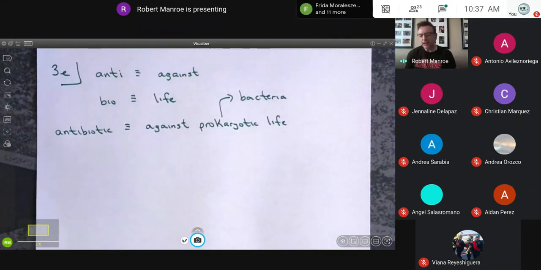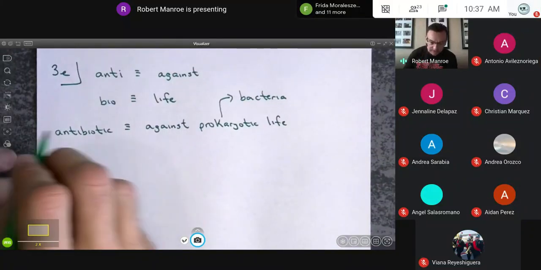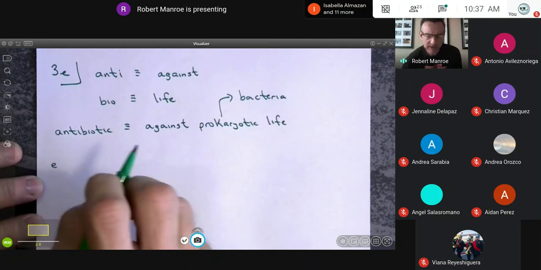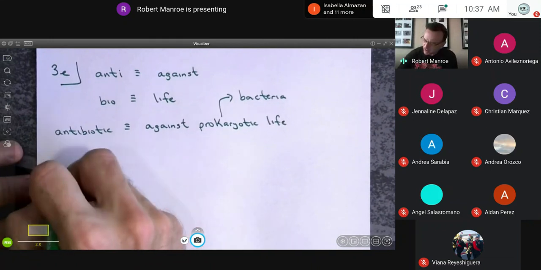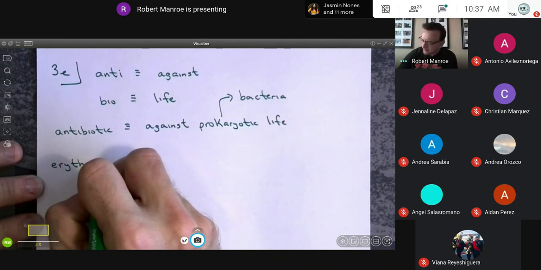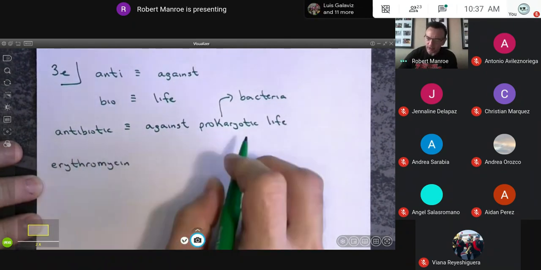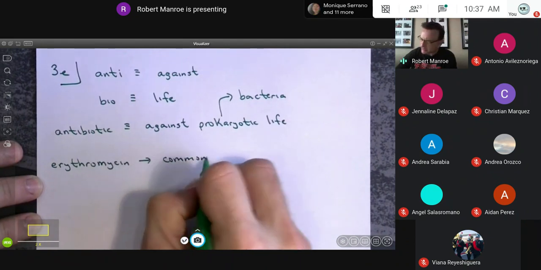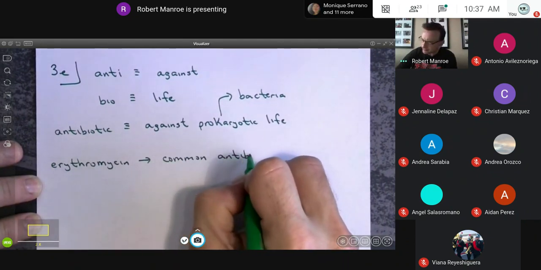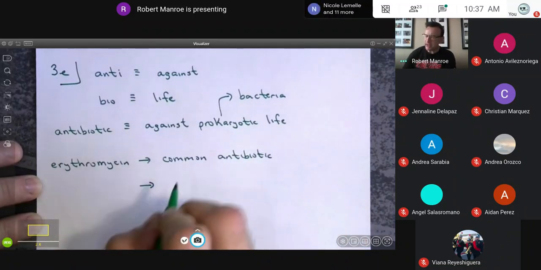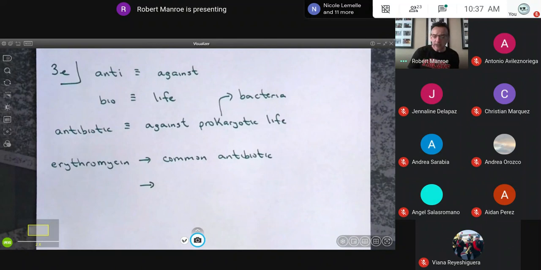Okay. So there are a couple of common antibiotics. Erythromycin, E-R-Y-T-H-R-O-M-Y-C-I-N, erythromycin. This is an extremely common antibiotic. And what antibiotics do is they kill bacteria.